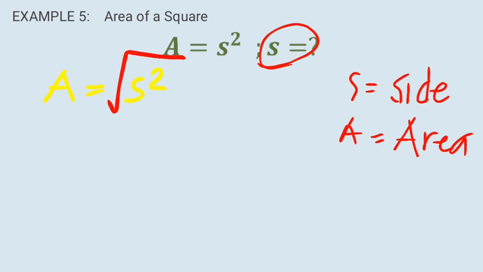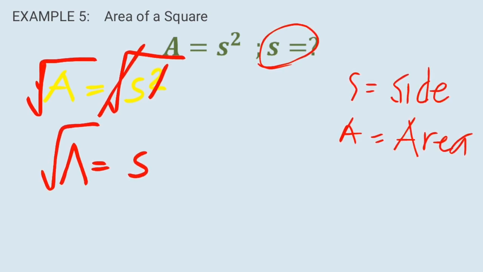If we are going to do it on this side, we also have to do it on the other side. Now, since we did that, we can now cancel this out. And we are left with S is the square root of A.